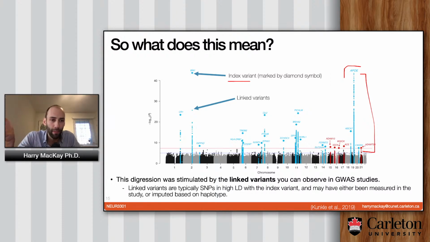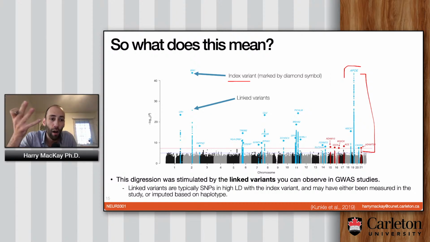And if they're part of the same haplotype block, it means they're, number one, very close to the index SNP, and number two, inherited together, and thus they would have almost the same level of association with the trait as the index SNP, because they're synonymous, in a sense, with the index SNP. They're inherited together, and they're very nearby.